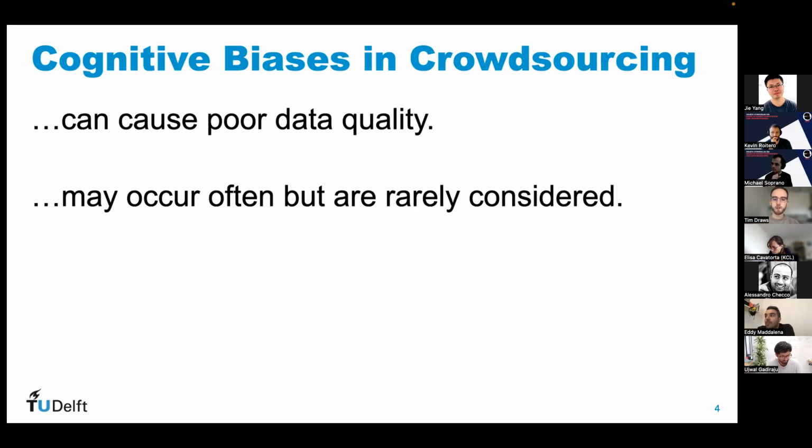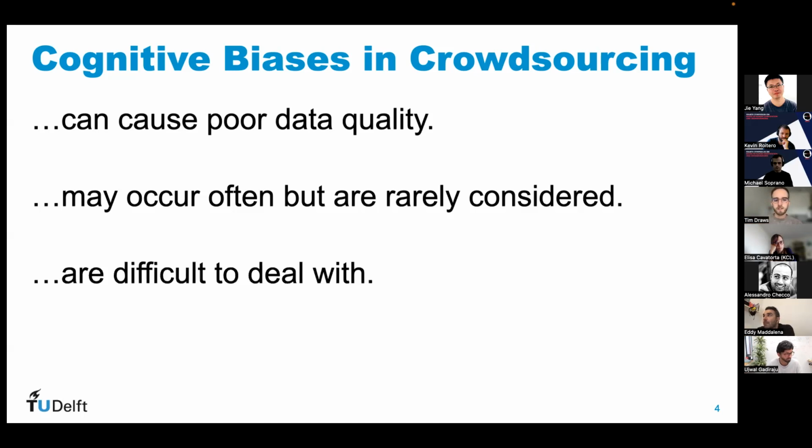And we found that cognitive biases may have played a role in really a majority of the crowdsourcing tasks that were described there, but very rarely were cognitive biases considered by the authors, by, for example, mitigating cognitive biases in a targeted way, or even just discussing them in the paper.